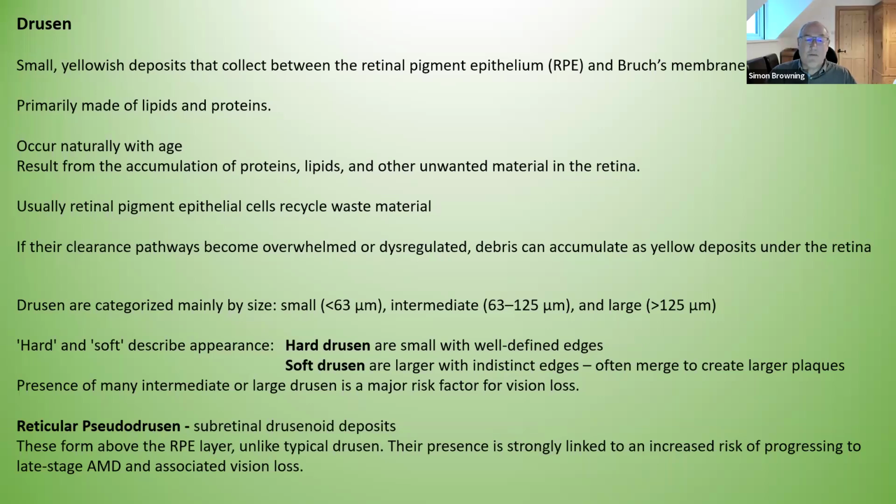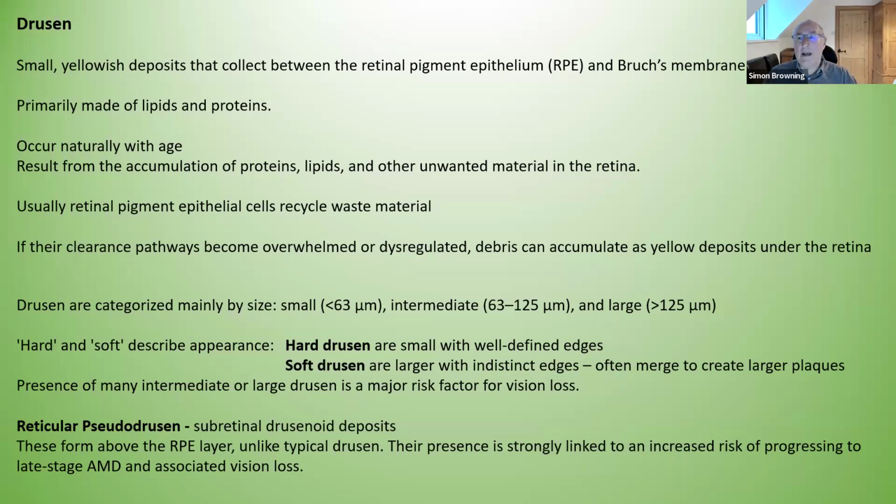And when you start seeing reticular pseudodrusen, their presence is very, very strongly linked to late stage AMD and associated vision loss. So these people may have nothing wrong at the moment, but they're going down a path that is possibly quite a bad path to go down. So again, always differentiate between normal drusen and reticular pseudodrusen because they're going to tell you a different story.